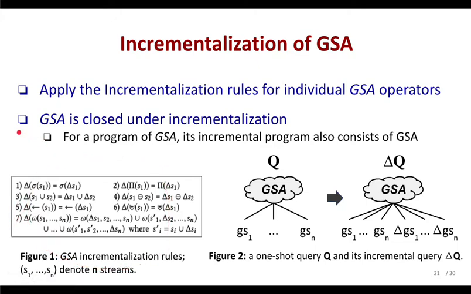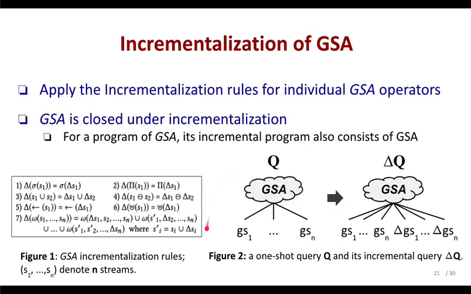The important point is that GSA is closed under incrementalization, that is, for a program of GSA, its incremental program also consists of GSA. Therefore, both one-shot and incremental queries can be processed by the same execution engine, which supports GSA.